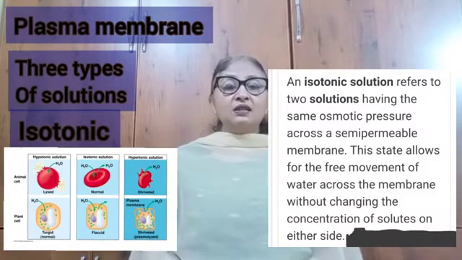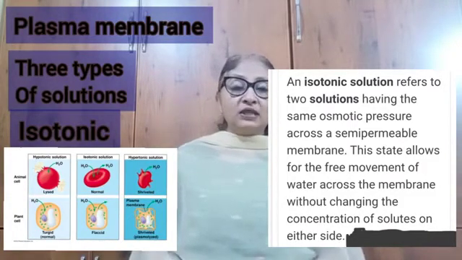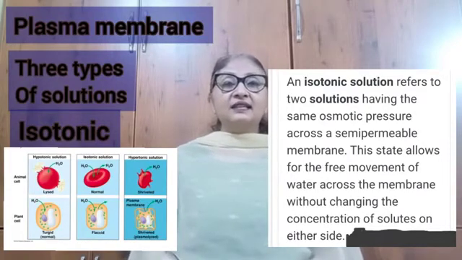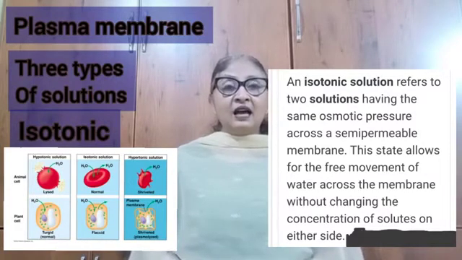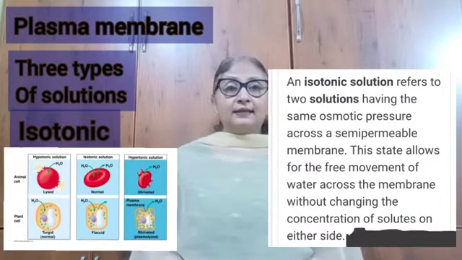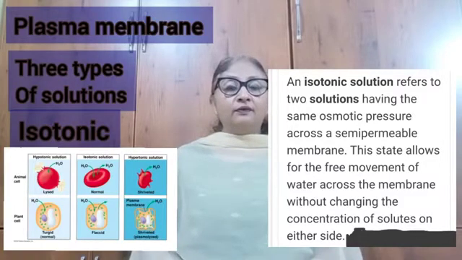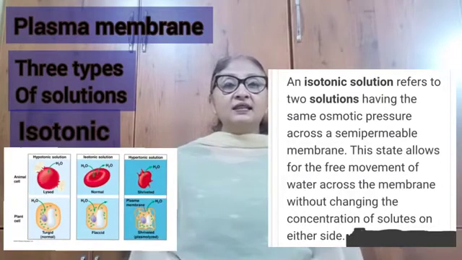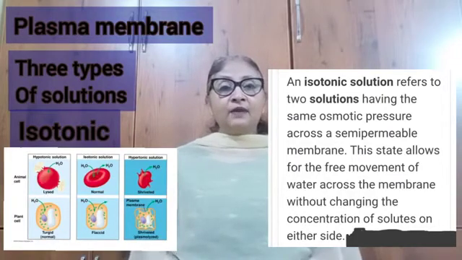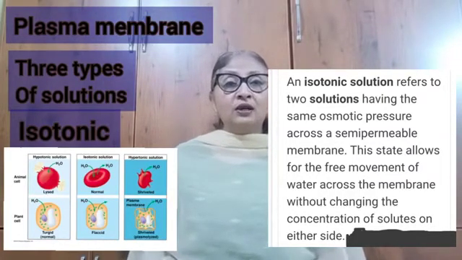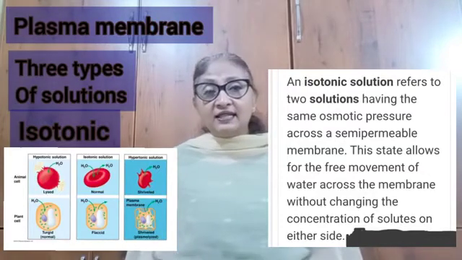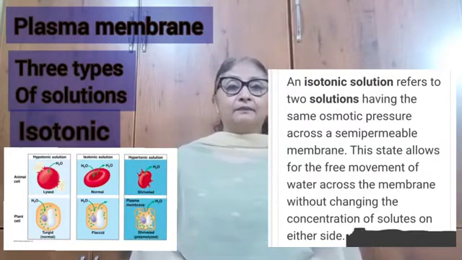This is because the amount of water that goes out and comes in is the same. So the net result nullifies. Such a solution is one where the concentration inside and outside is the same. That means the amount of solvent and solute outside and inside the cell is the same.